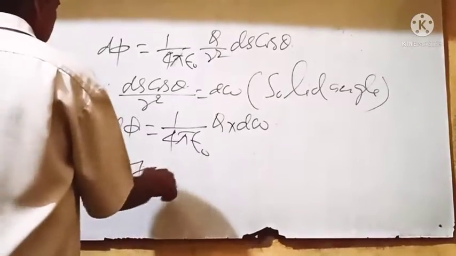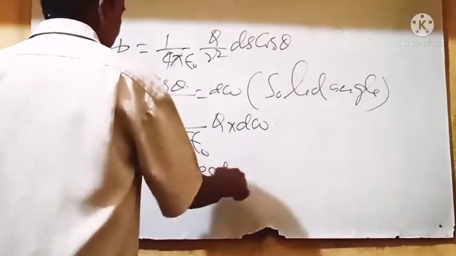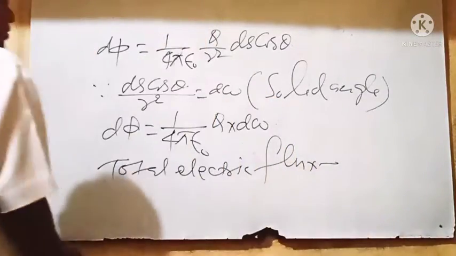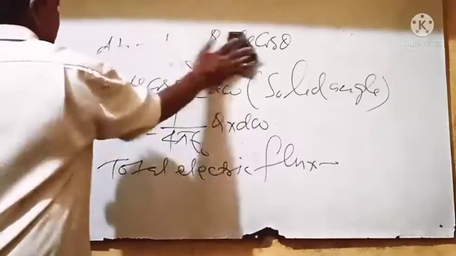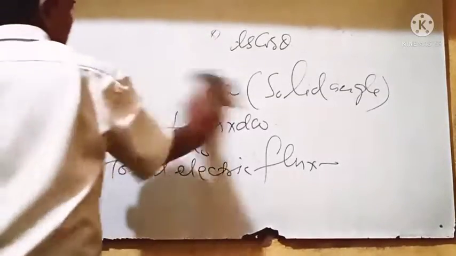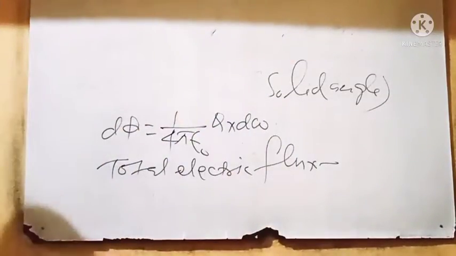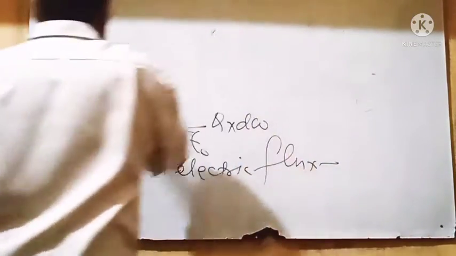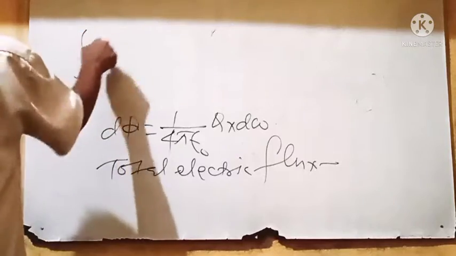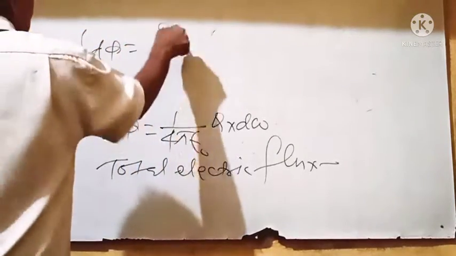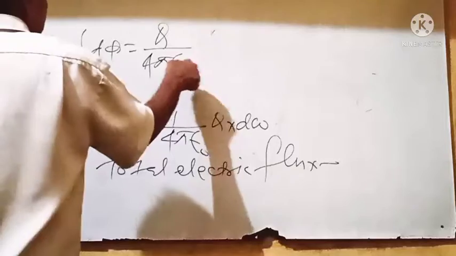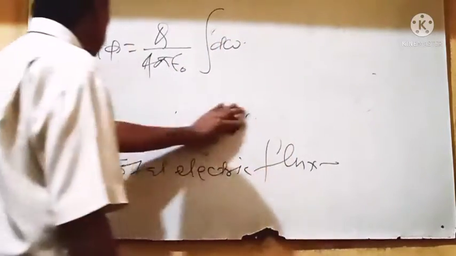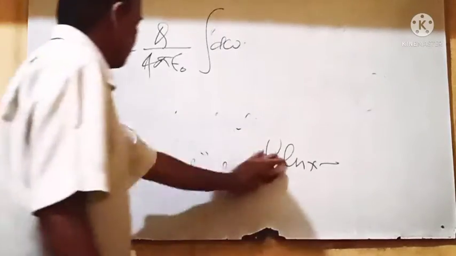Total electric flux. What is the total electric flux? Integration d phi is equal to q by 4 pi epsilon naught integration d omega.